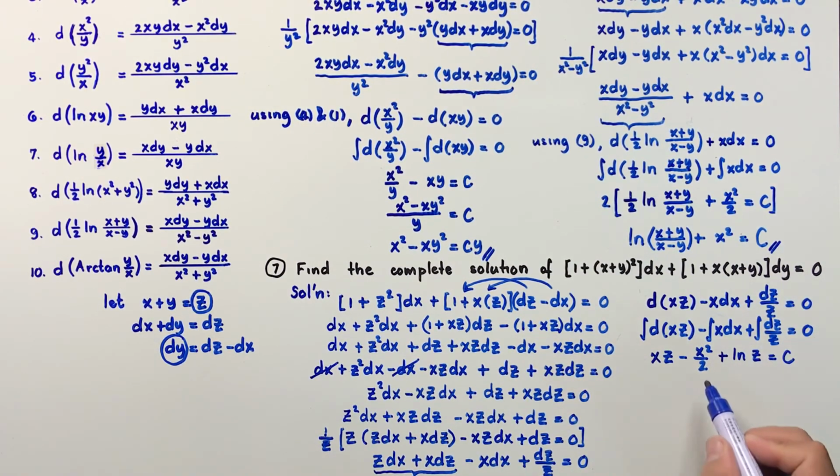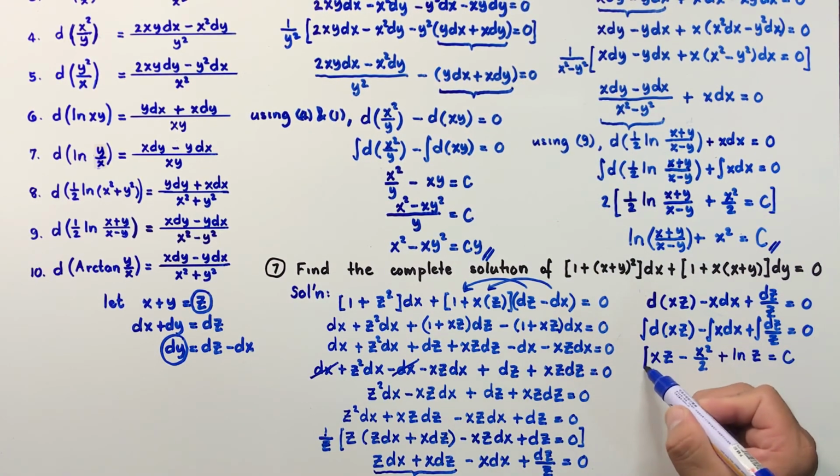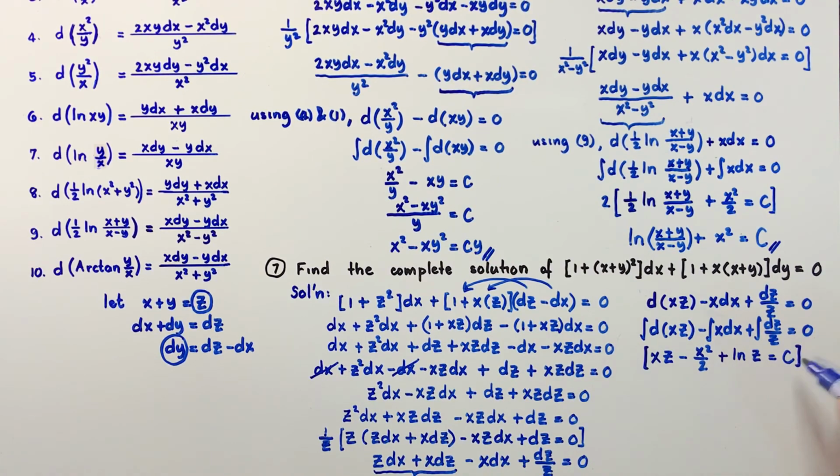Now, to eliminate this 2 in the denominator of x squared, we need to multiply both sides of the equation by 2 here. So we have 2xz minus x squared plus 2 times the natural log of z, which is equal to 2c here.